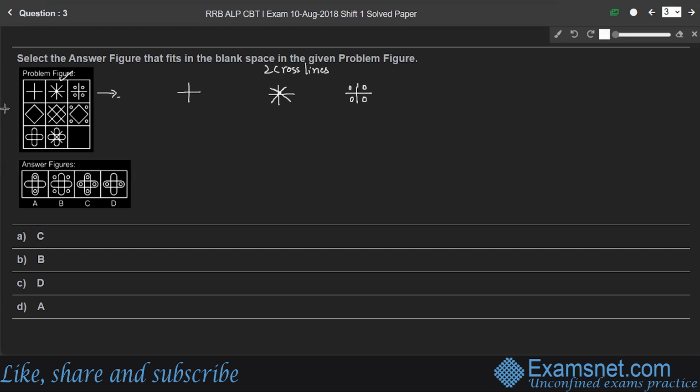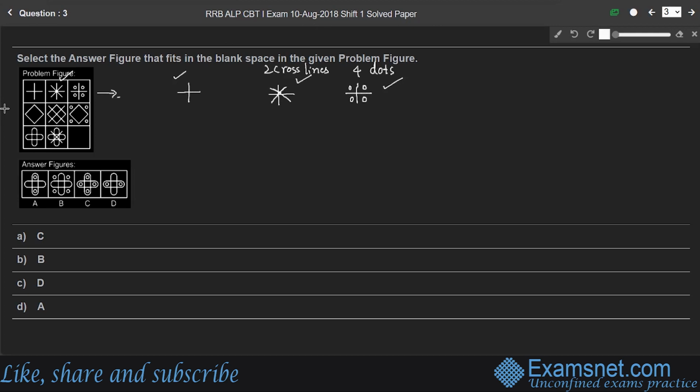Therefore, the first figure is the common part itself, the second figure is the common part plus 2 cross lines, whereas the third figure is the common part plus 4 dots.